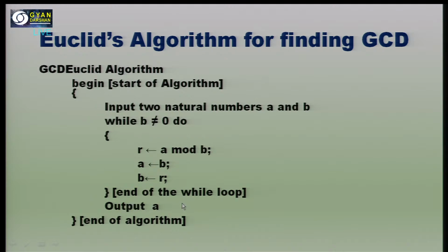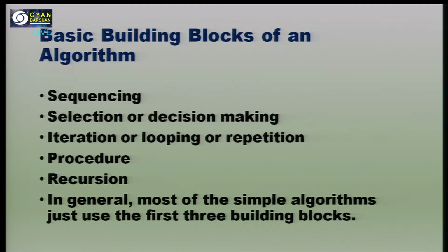So you have to be very careful about exactly how you convert a particular way of solving a problem into an algorithm, right? So what are the main building blocks of this algorithm? Let us discuss in more detail. Let's look into the basic building blocks of an algorithm.